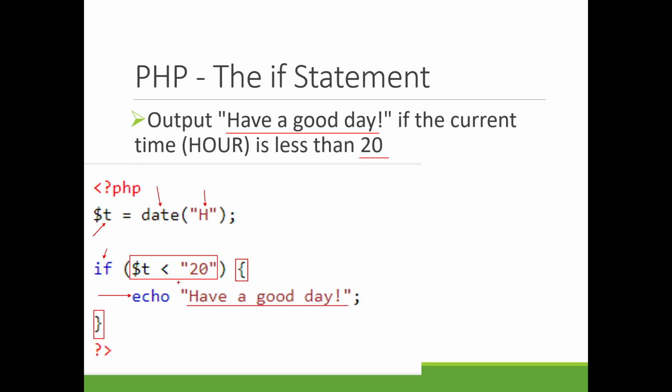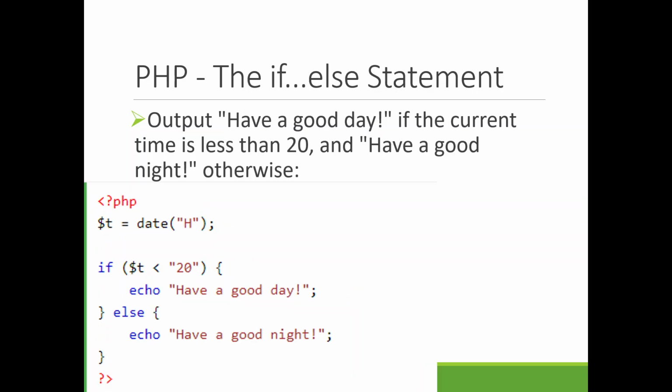If we run this program right now, it's going to print out have a good day. It's 2:58, and if it gets to 3, which will be 15, it will still print that. But if it's 21 or 22, then it's not going to print anything.